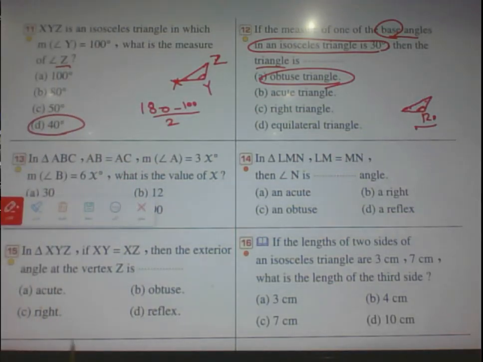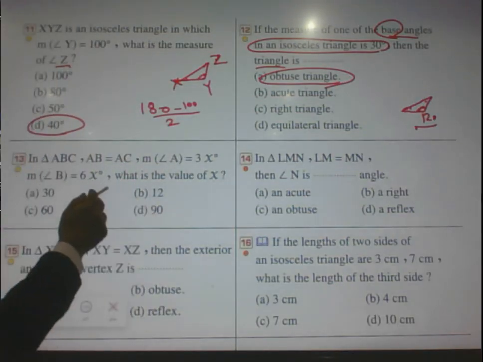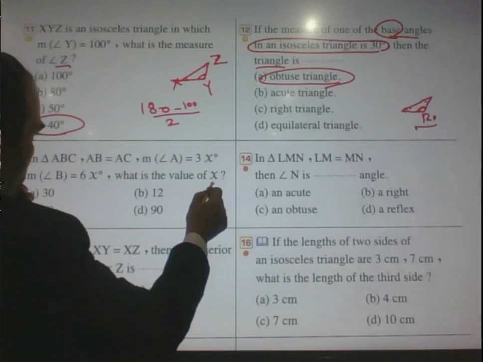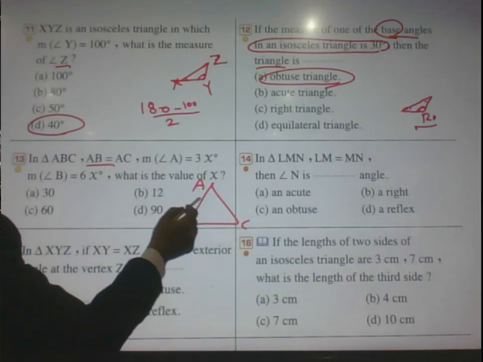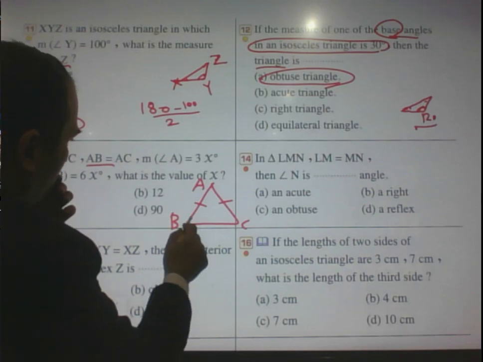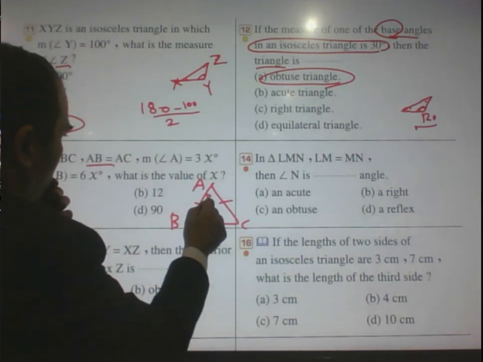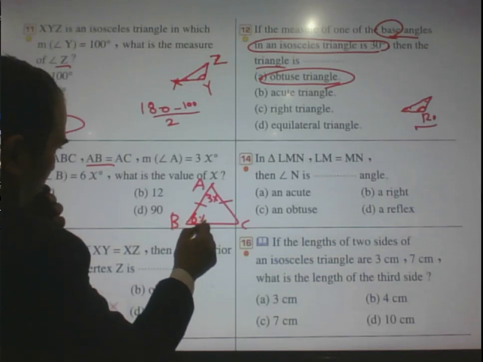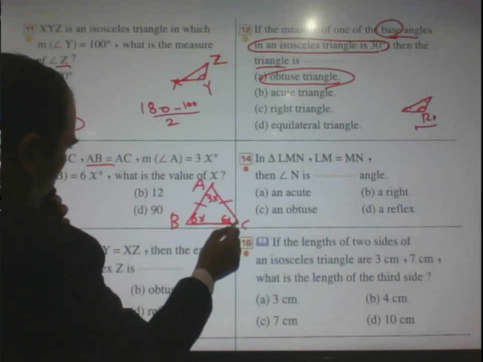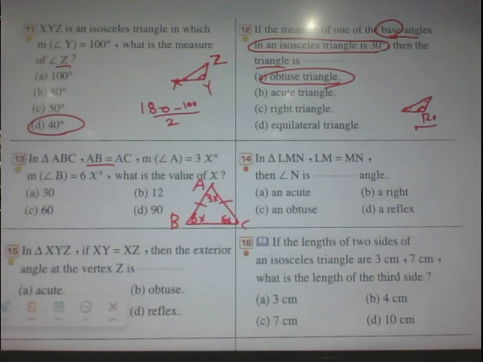Next question. ABC triangle, like this. He gives me AB equal to AC, and the measure of angle B equals the measure of angle C. He gives me angle A as 3x and B equals C as 6x. Then C also will be 6x. They are equivalent, B equals C in measure, because we have an isosceles triangle.